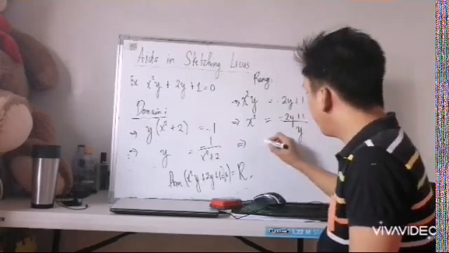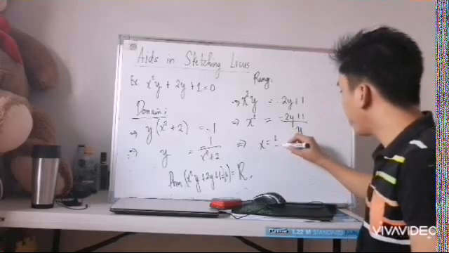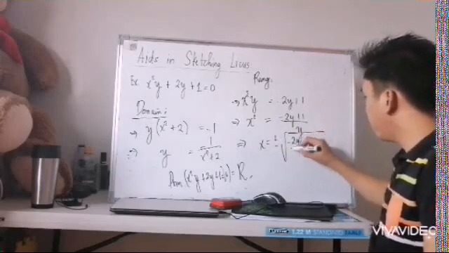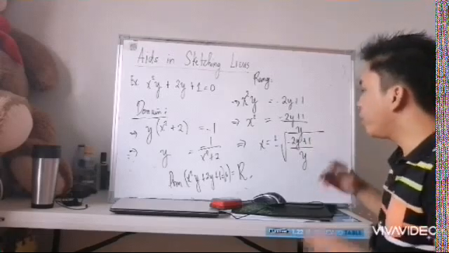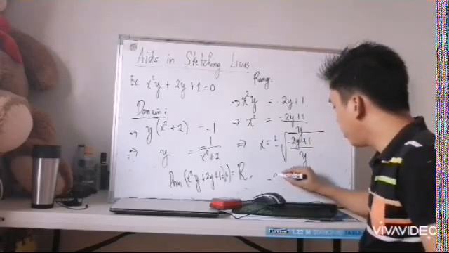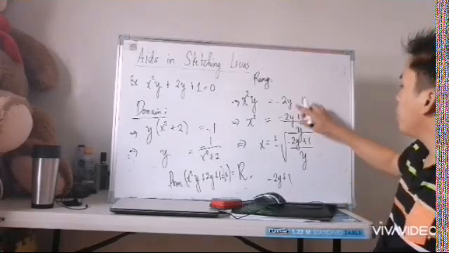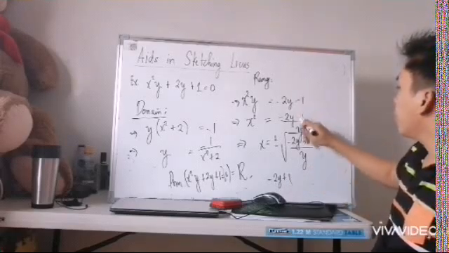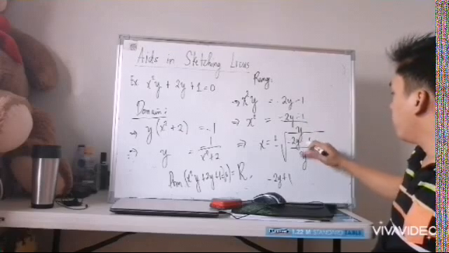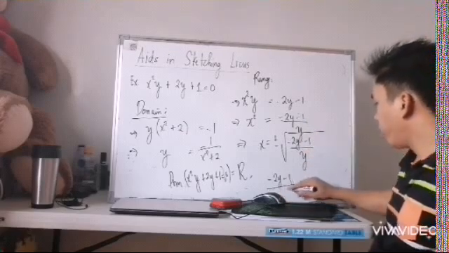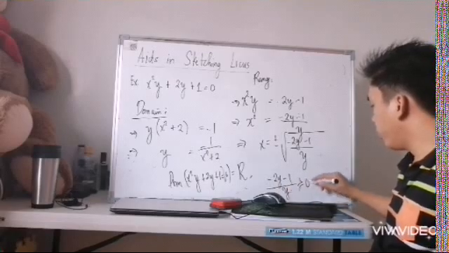So I'll have x equals plus or minus the square root of negative 2y minus 1 over y. Which means that negative 2y minus 1, oh sorry, it should be negative 1, over y should be greater than or equal to 0.